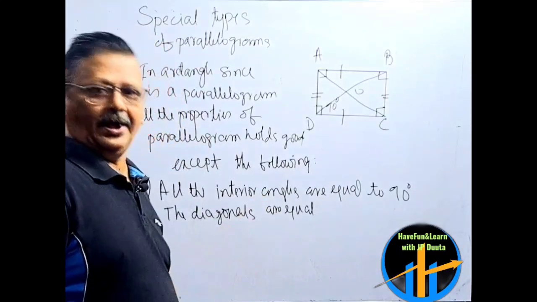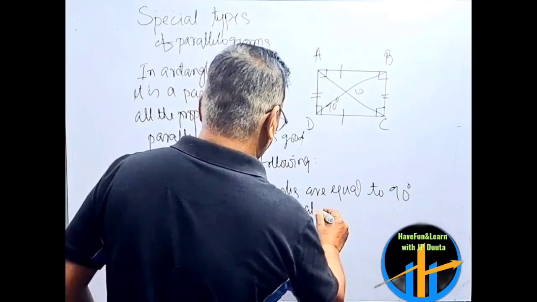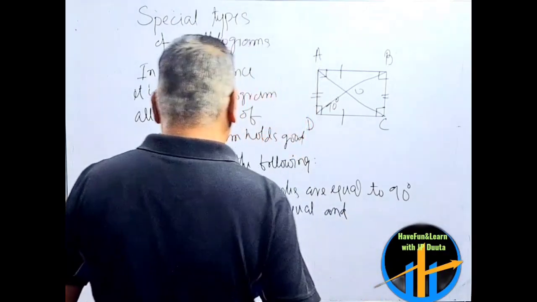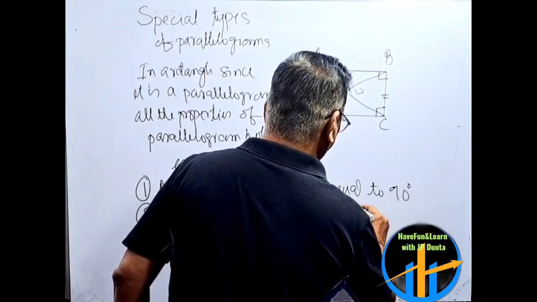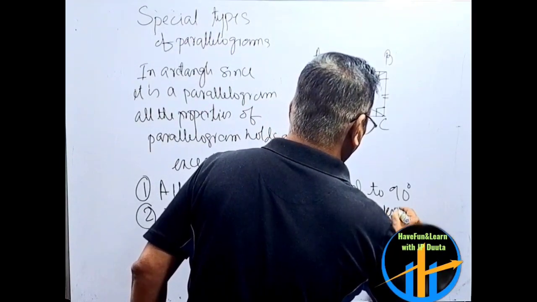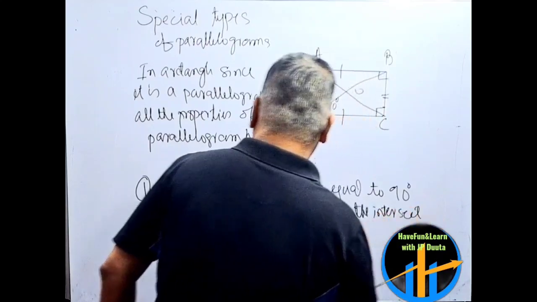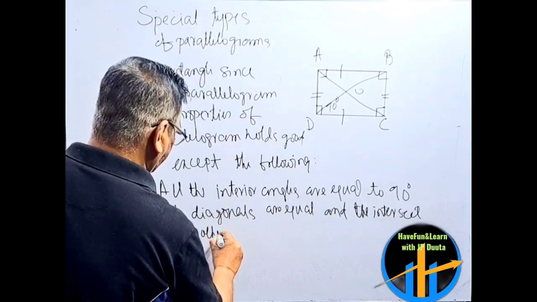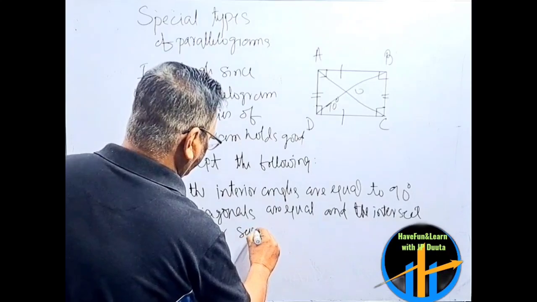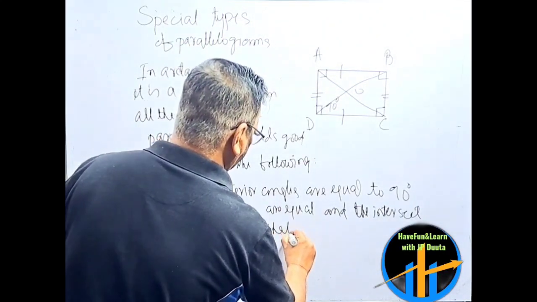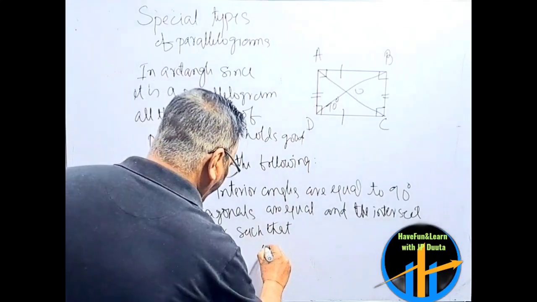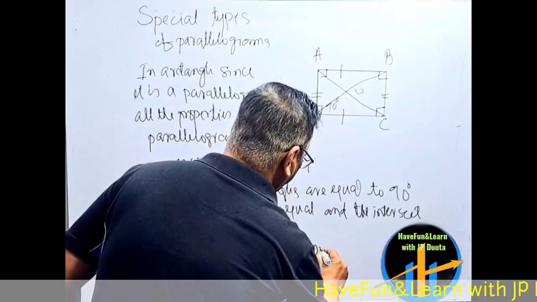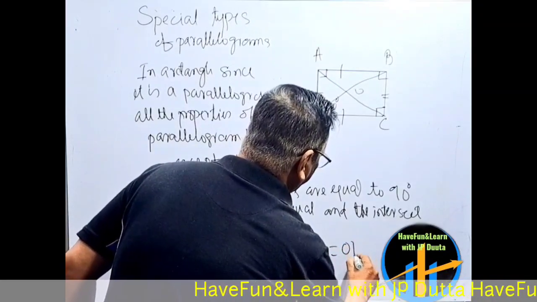For rectangles the diagonals are equal, and they intersect each other such that OA is equal to OC is equal to OB is equal to OD.